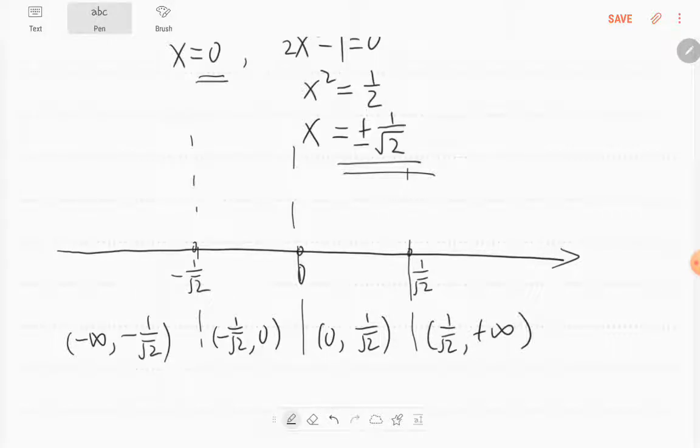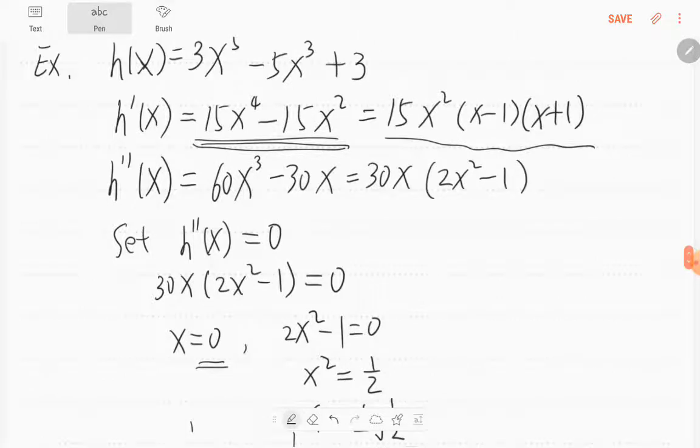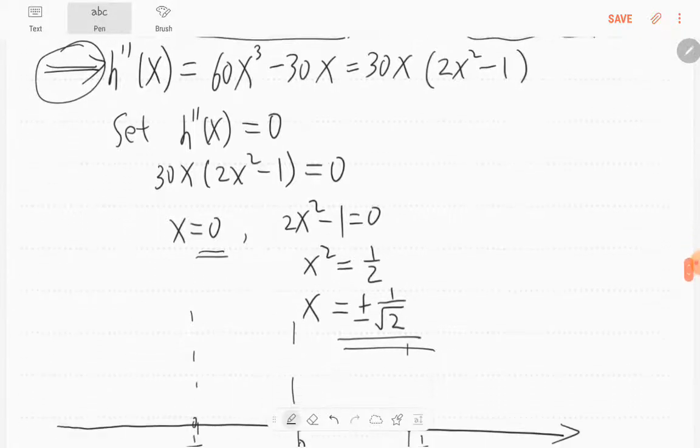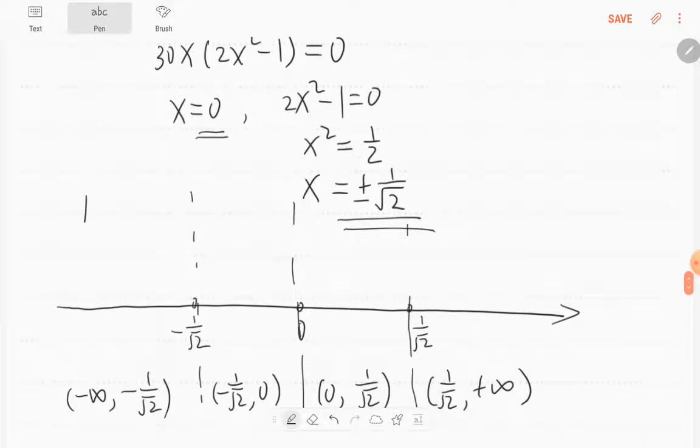Like we did before, we should choose an arbitrary number on each interval. For example, here we choose negative 1. But instead of plugging into the first derivative, we plug into the second derivative. So h double prime of negative 1.